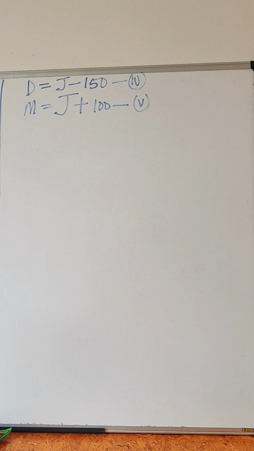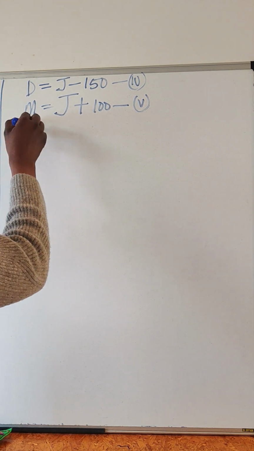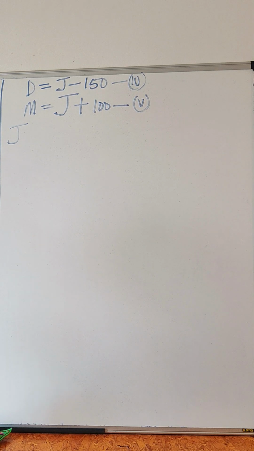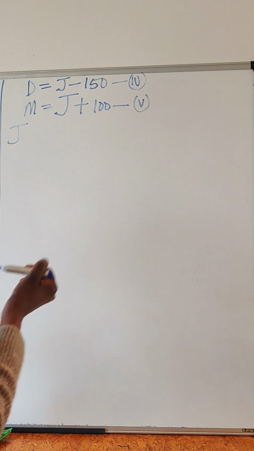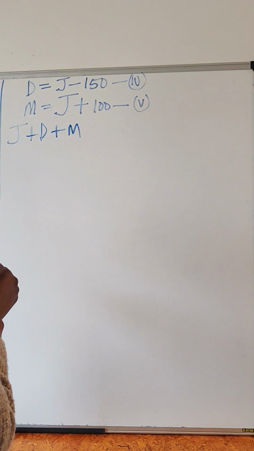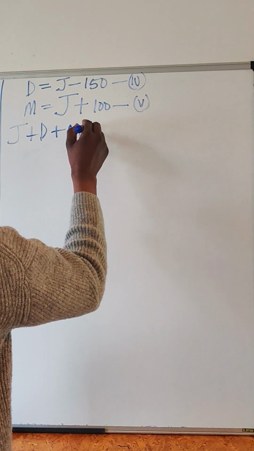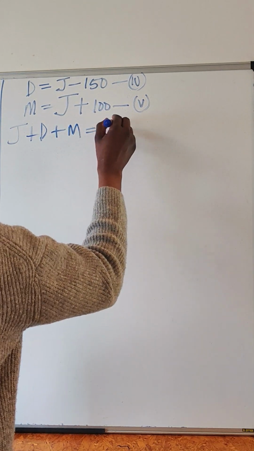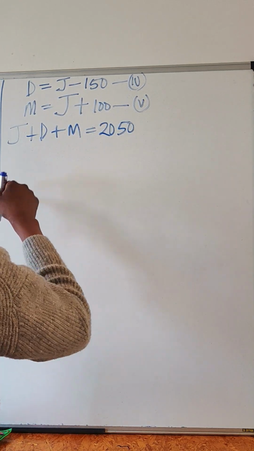What we're going to do now is substitute equations 4 and 5 for D and M in equation 3. Let's first recall equation 3. Equation 3 is J plus D plus M equals 2050.